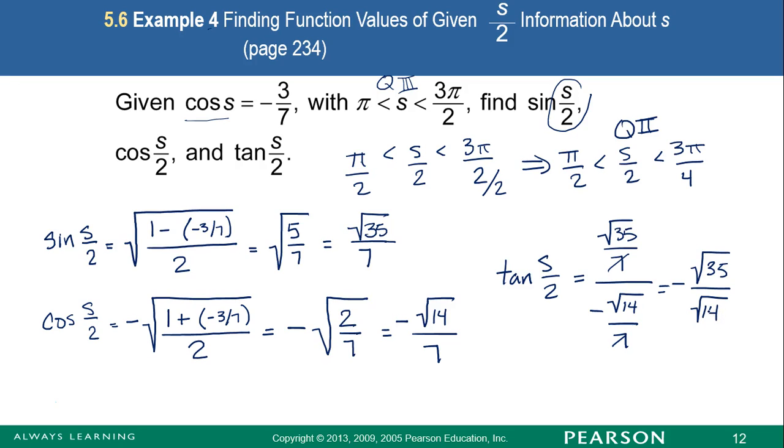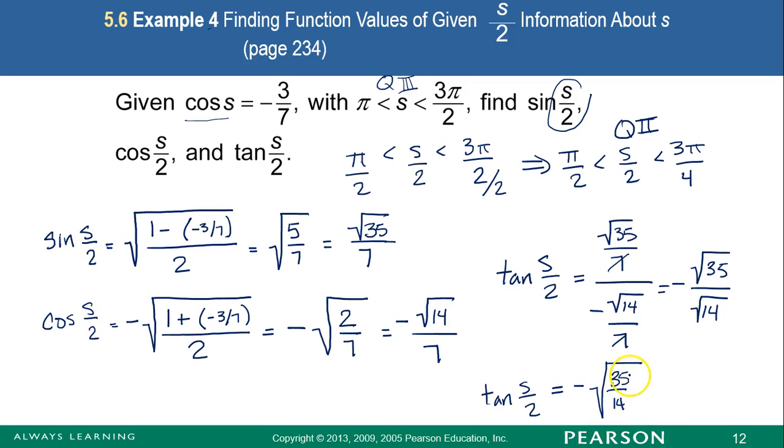Now that can actually be reduced. I'm going to write tangent of s over 2 is equal to negative, and I can write this as square root of 35 over 14.